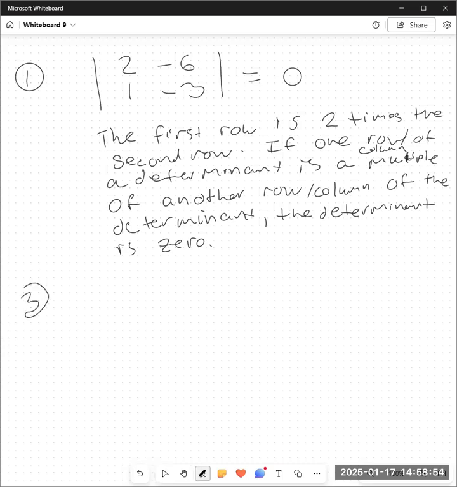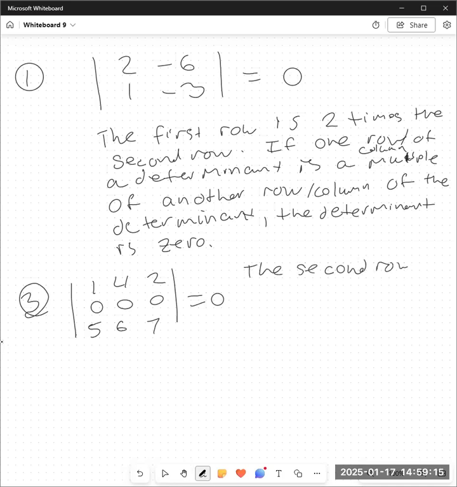So let's look at number 3. It says 1, 4, 2, 0, 0, 0, 5, 6, 7, and that's 0 because the second row is all zeros.